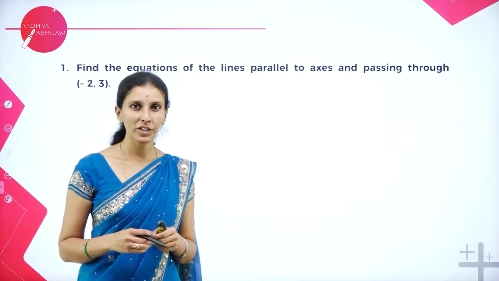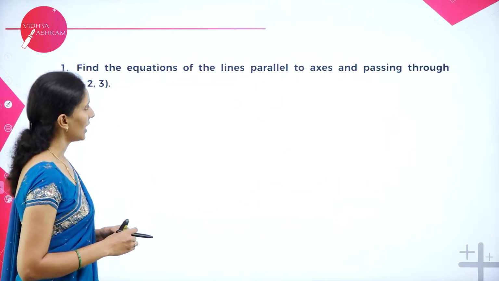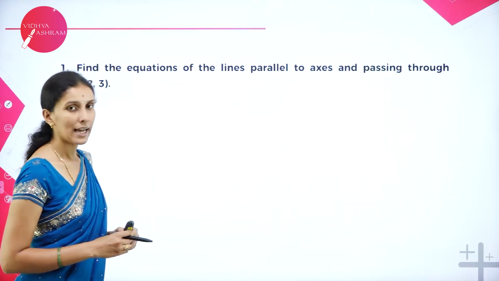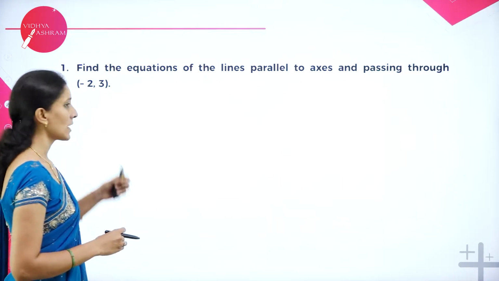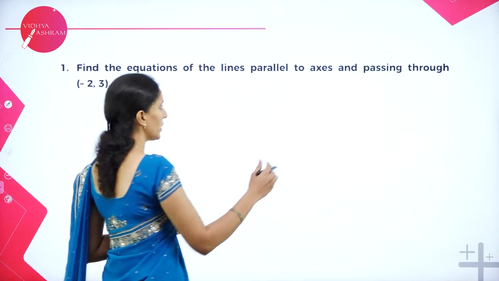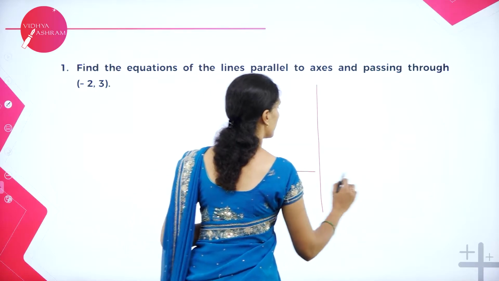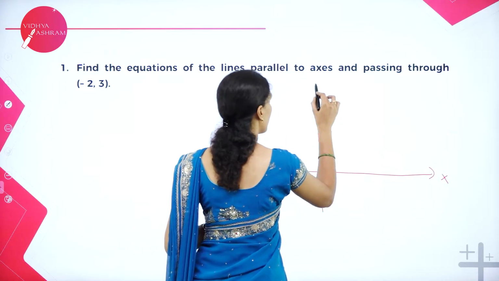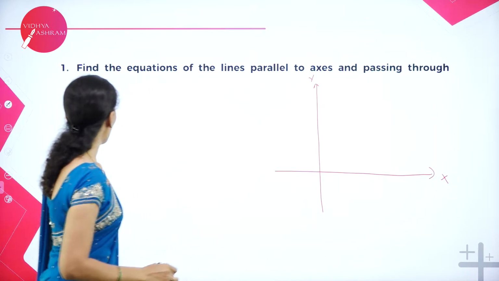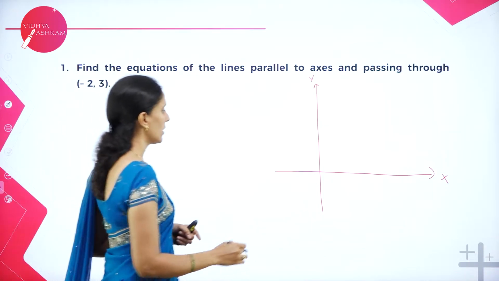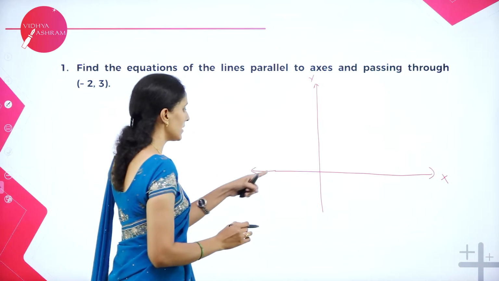Here we have given a question. Find the equation of the line parallel to x-axis and passing through the point minus 2, 3. So here, this is x-axis, y-axis. So we have a point minus 2, 3, somewhere here.